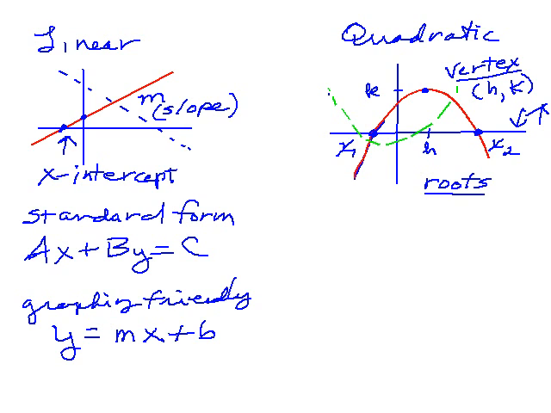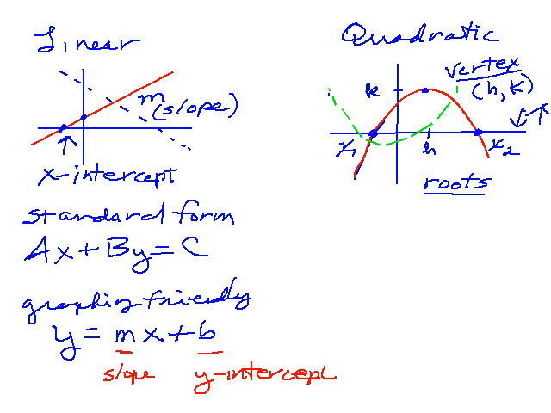For the linear equation, the m gives you the slope without doing any work, and b is the y-intercept. So that gives you a point on the curve, and it gives you the slope of the line. You get a lot just by looking at that equation.